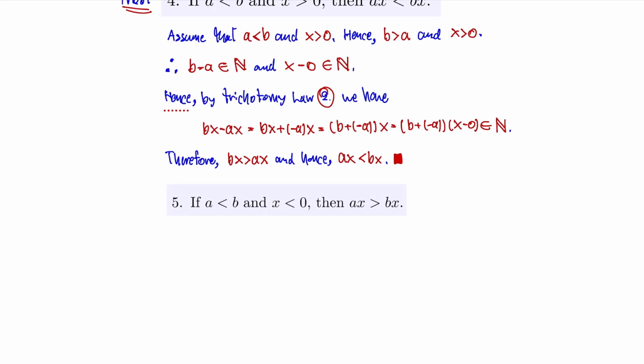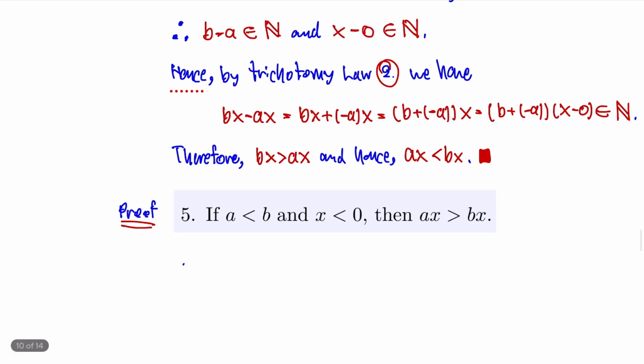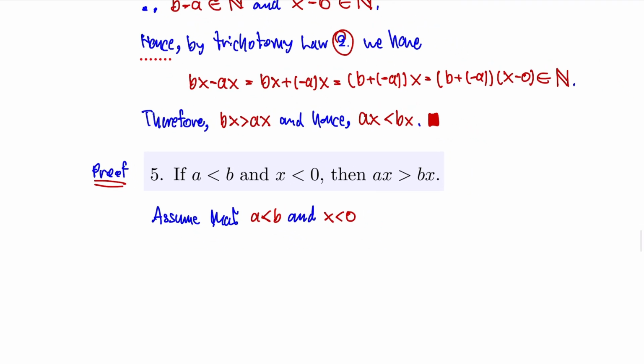Let's prove this property. We have to assume that a is less than b and x is less than 0. Right now we have less than. What can we do with this?